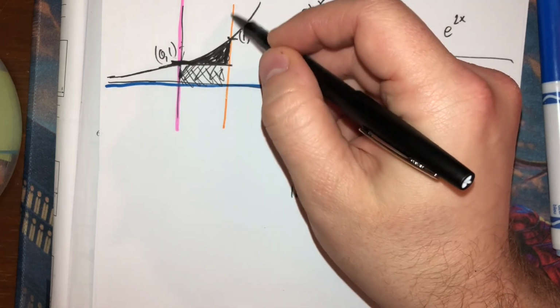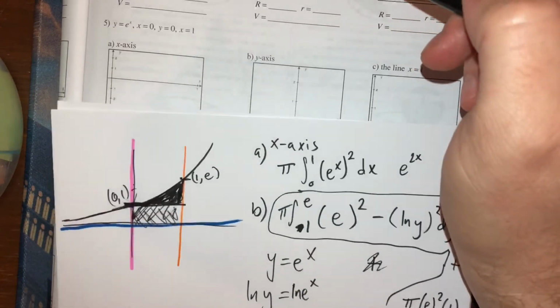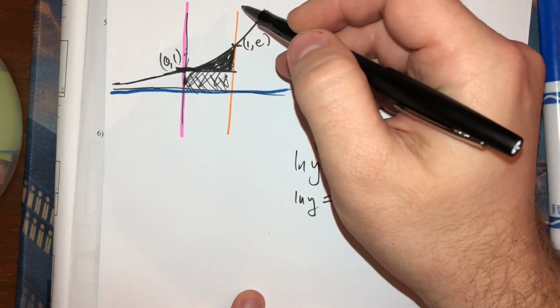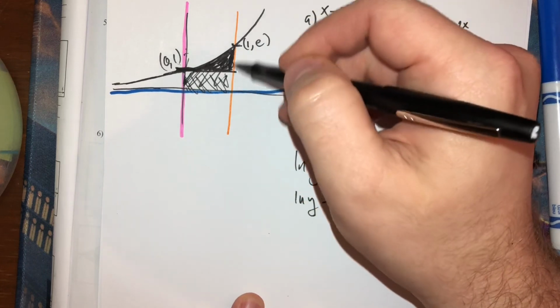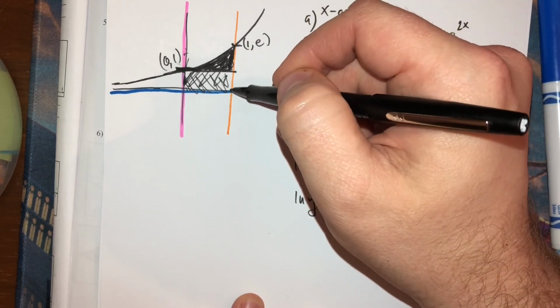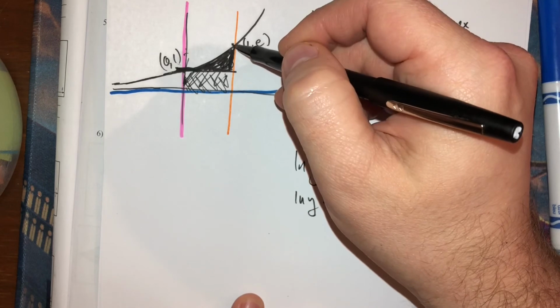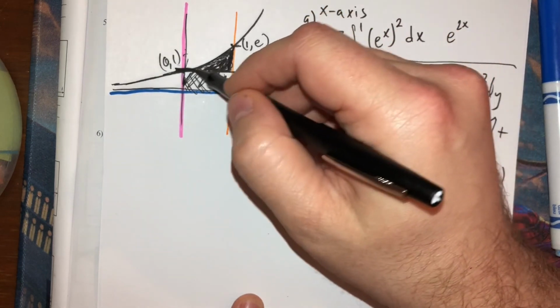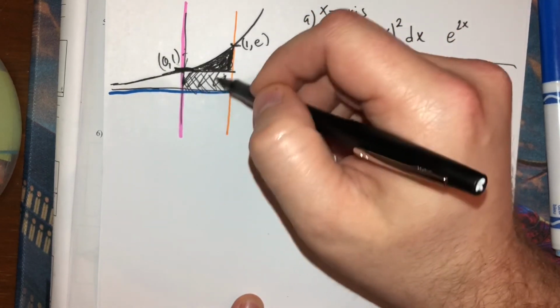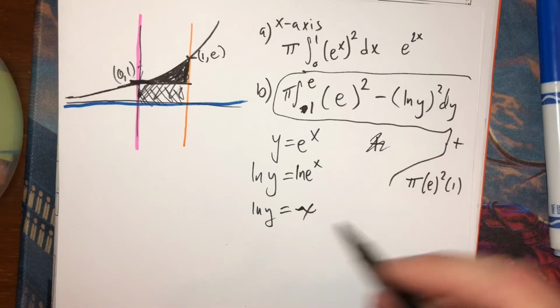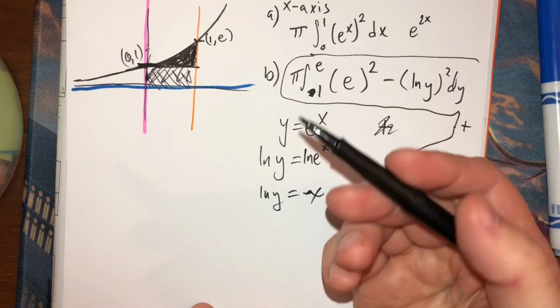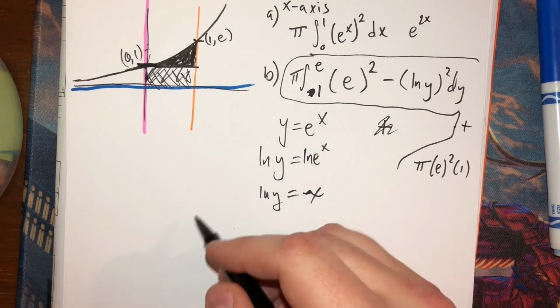Because we're not going from 0 to e. We don't hit the curve everywhere. After a certain point, we start hitting this. We just go back and forth between these two and we're stopped. So that means that we're going to have two different things to add together again.